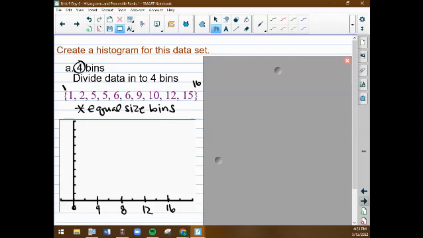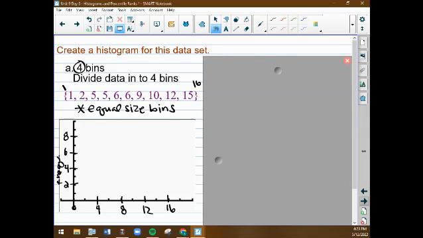And then over here is going to be the frequency. So that means how many data points do I have within that range? So I am going to count by 2s. Like that.